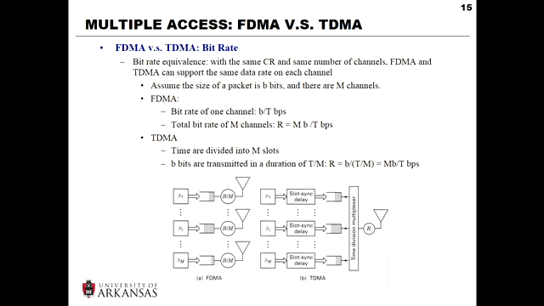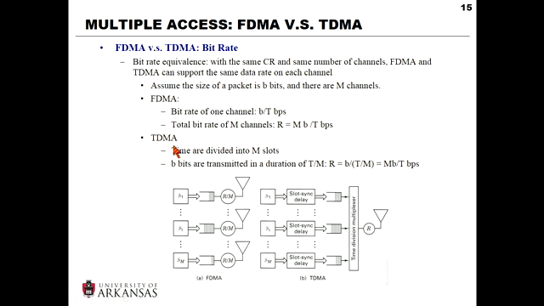For FDMA, the bit rate of one channel is B divided by T. So if the bit rate of one channel is B divided by T, then the total data rate of all the M channels will be MB divided by T. That's the total data rate of an FDMA system. Any question?